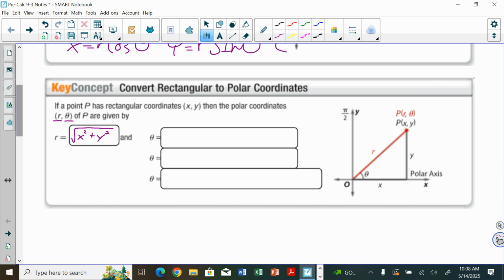Now theta is a little bit different. We're going to use the inverse tangent of y over x, but that is only in the case when x is greater than 0.